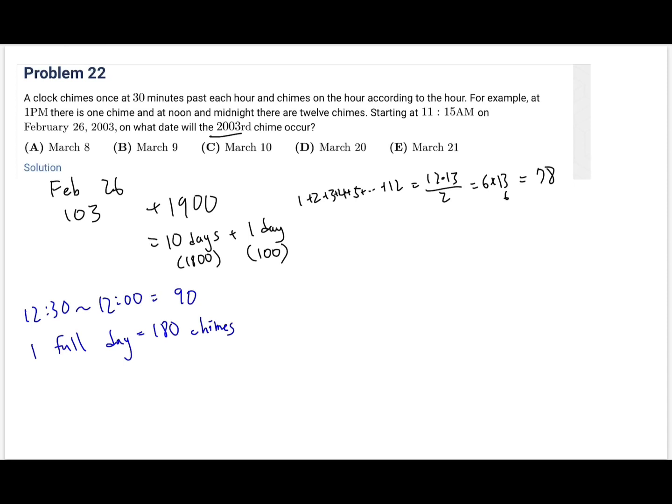So this is 11 days later, and it's 2003, so it's not a leap year. So it's 26, and then 27, 28, no, not 29, 28, and then 1, 2, 3, 4, 5, 6, 7, 8. So this much is 10 days, and then 9. So this will be the date, March 9. So the answer is B.